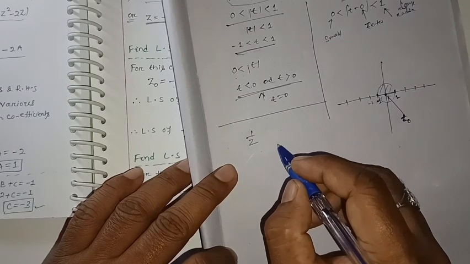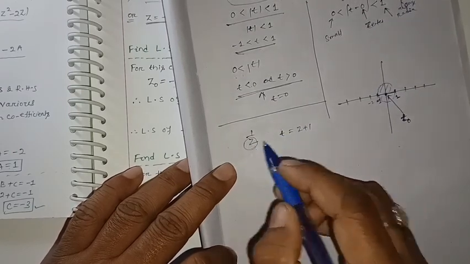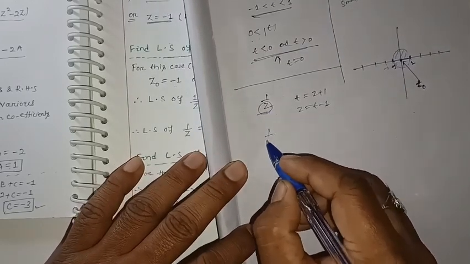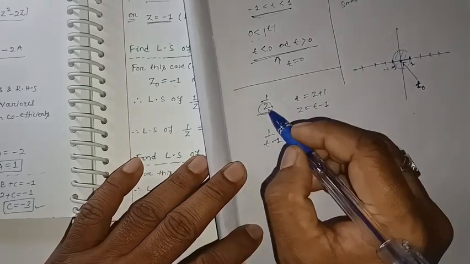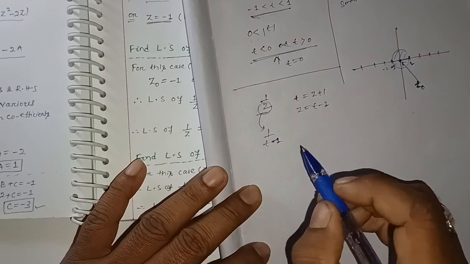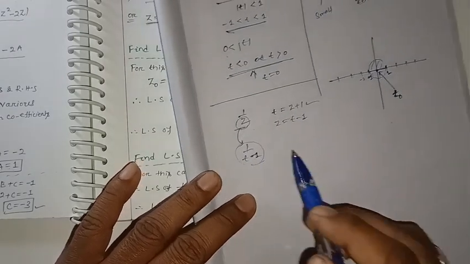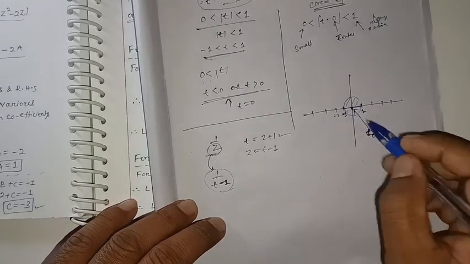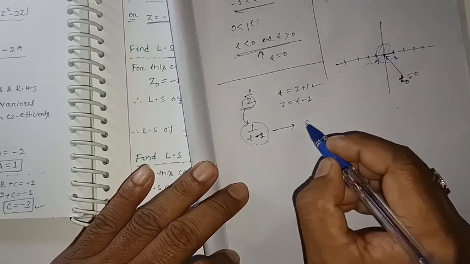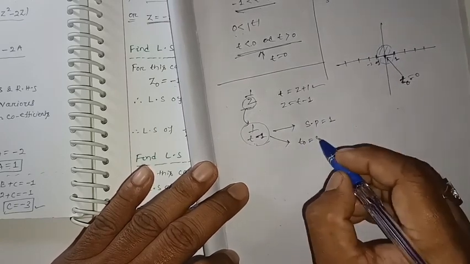If t equals z plus 1, then instead of z we can write t minus 1. So 1/z will be 1/(t-1) when we consider t equal to z plus 1. Now we are going to find the Taylor series of this about t0 equal to 0. For this case, what is the singular point? The singular point is 1, and the corresponding t0 is how much? 0.